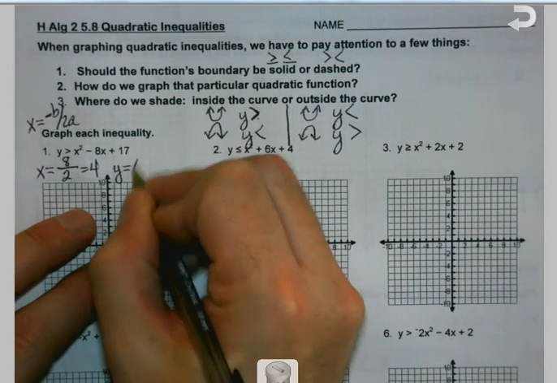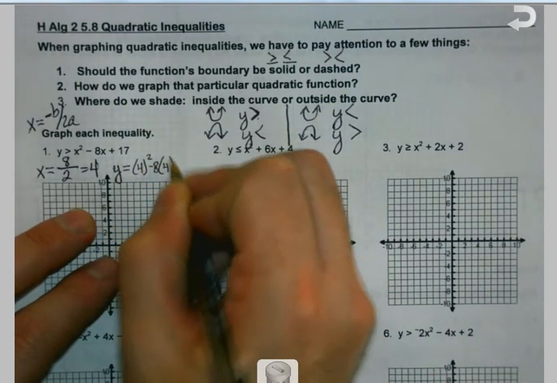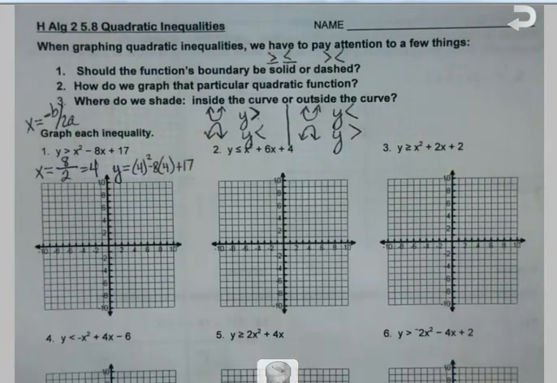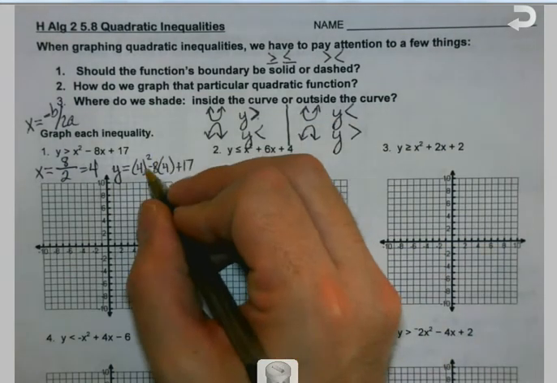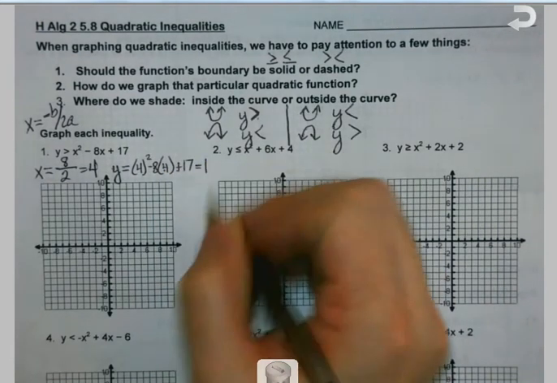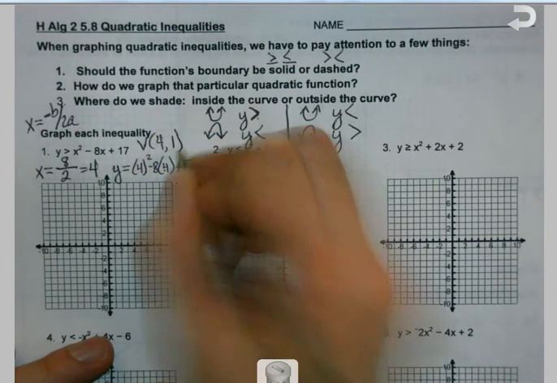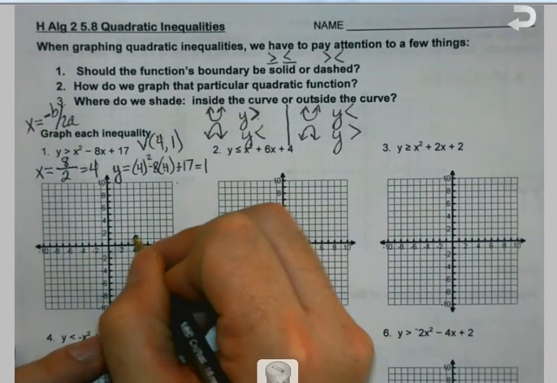So y is just going to be 4 squared minus 8 times 4 plus 17. And yeah, I know it's an inequality, but I'm just finding the actual y value right now. That's why I don't have the inequality arrow in here. So that'd be 16 minus 32 is negative 16 plus 17 is 1. So my vertex would be at 4, 1.